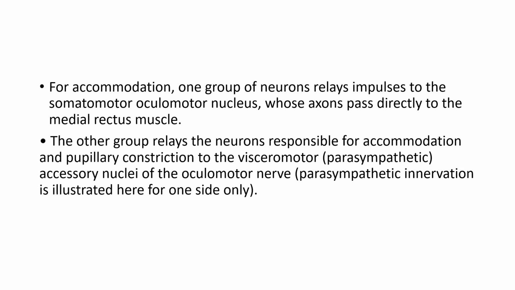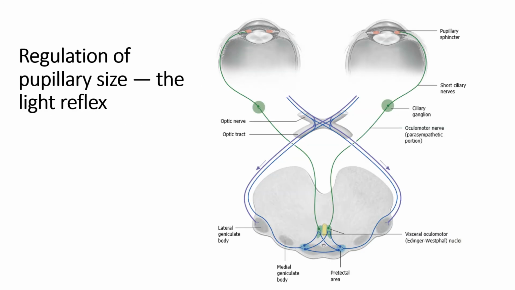So the accessory nuclei of the ocular motor nerve, or parasympathetic innervation, is illustrated here in the following slide for one side. So here you can see our pupillary sphincter up here, the short ciliary, the ciliary ganglion, the parasympathetic portion of that ocular motor nerve right there is what we're talking about.